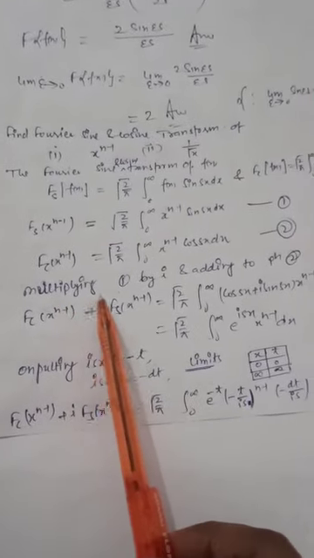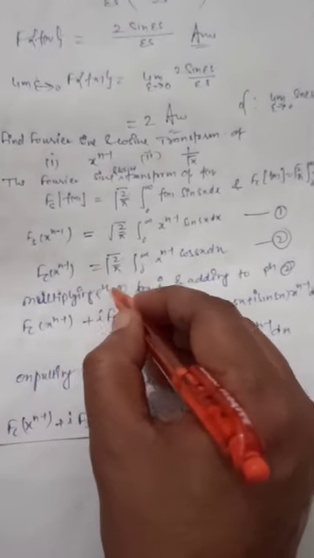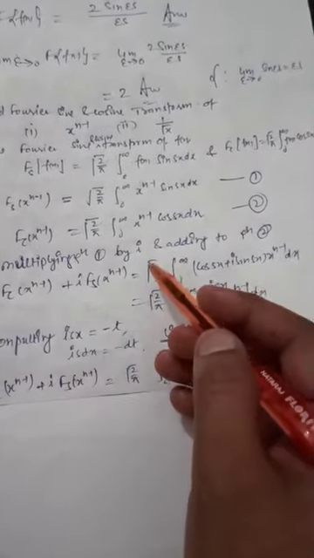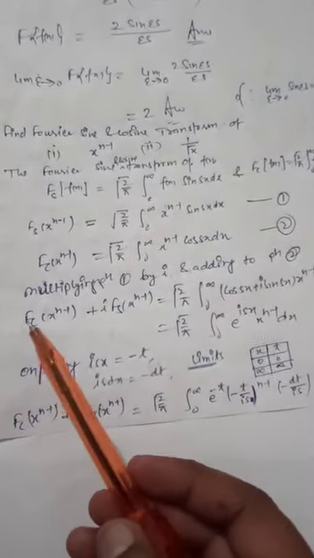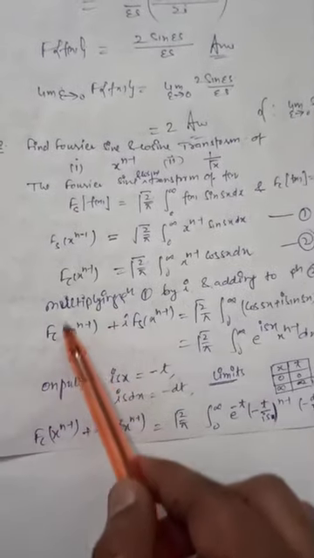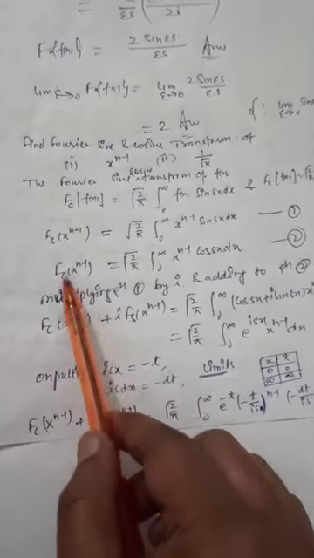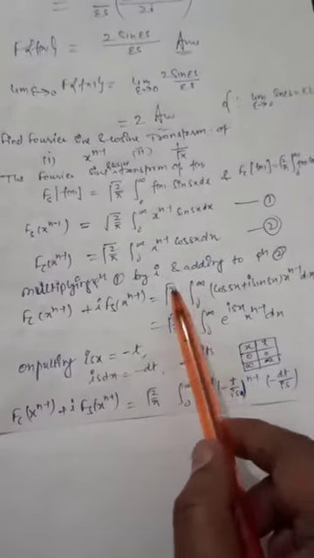Multiplying equation 1 by iota and adding to equation 2, you will get F_c of x^(n-1) plus iota F_s of x^(n-1).